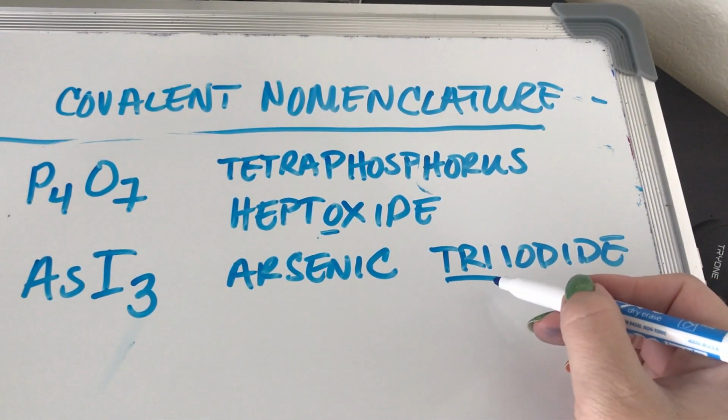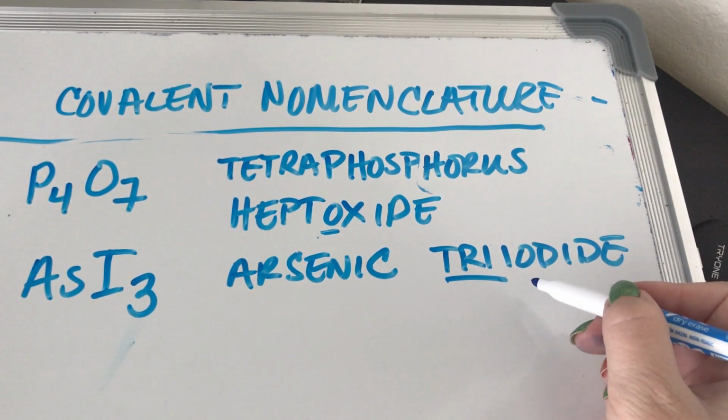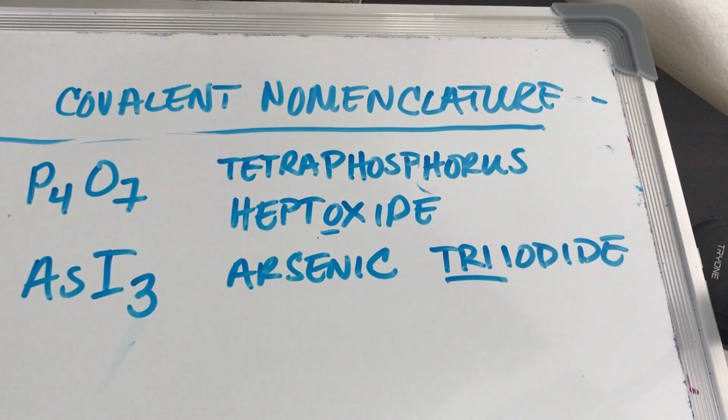For whatever reason, triiodide sounds better, so that's the way we name it. So it's kind of capricious in terms of when we drop that letter and when we don't. My policy is, if you don't drop it, that's fine. If you want a default setting, keep the prefix as it is and stick the anionic name on there. Don't worry about dropping letters.